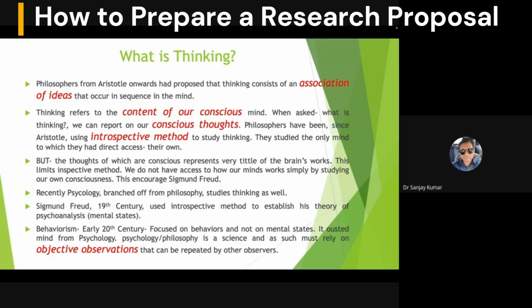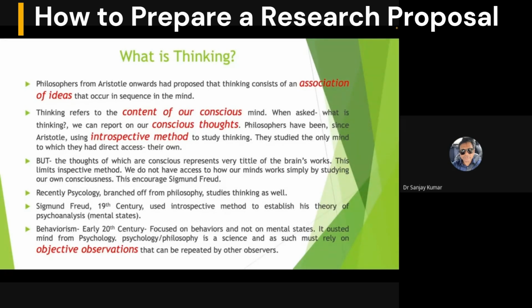But there was a big problem. This obsession with the conscious mind or consciousness was somewhere deconstructed, or refuted. How? The thoughts of which we are conscious represent only a little of the brain's work.